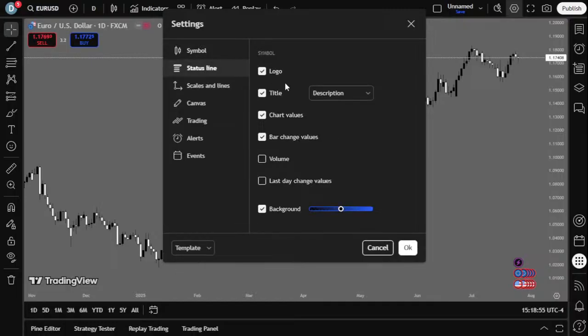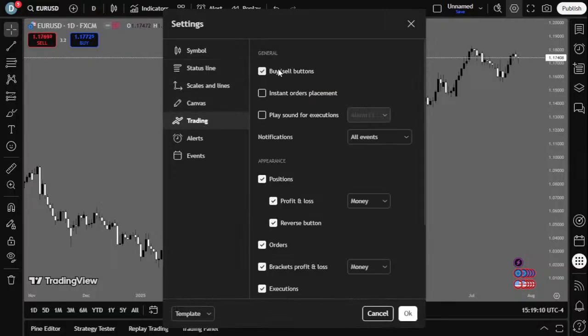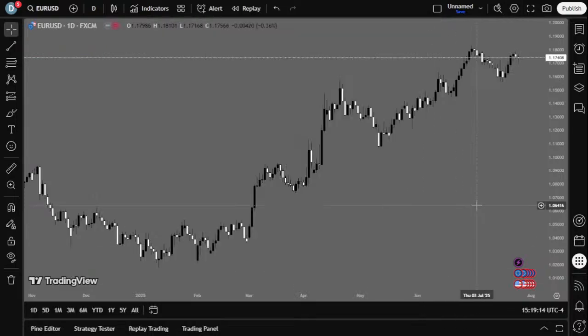Then you get to status line. Description, no, I just want the ticker. Logo, share, title, chart values, bar change values. Okay, you can just leave that on there. Trading, I don't want the buy and sell buttons over there. And I think that's as much.